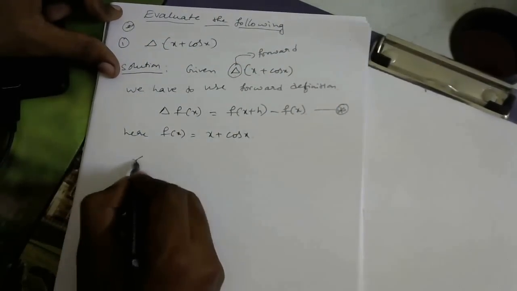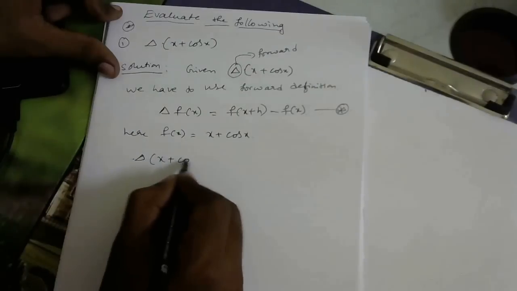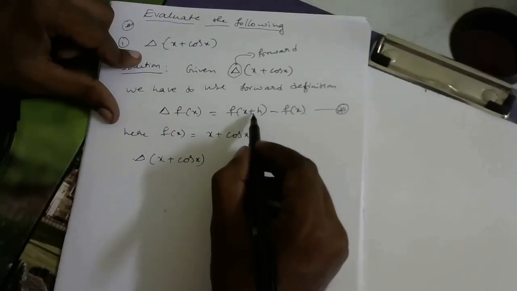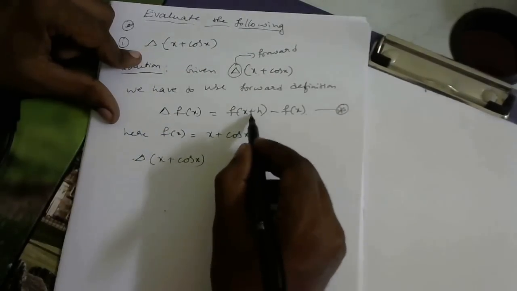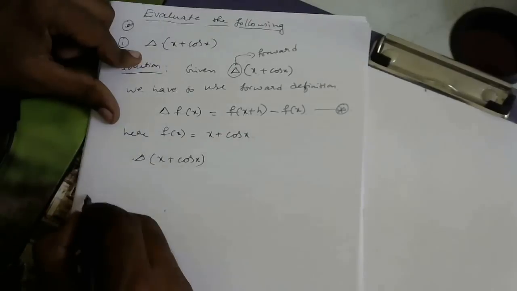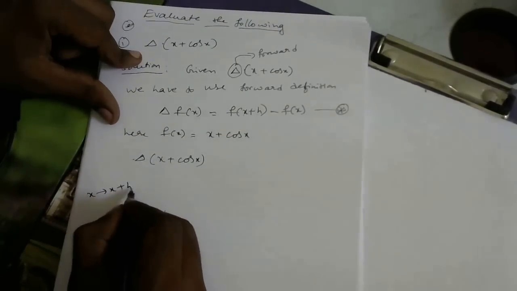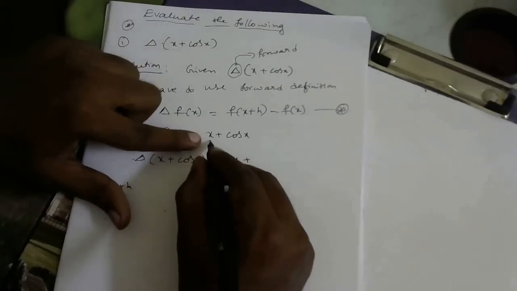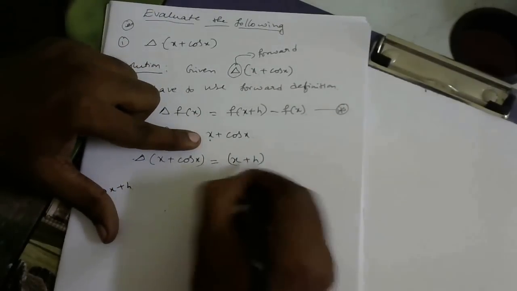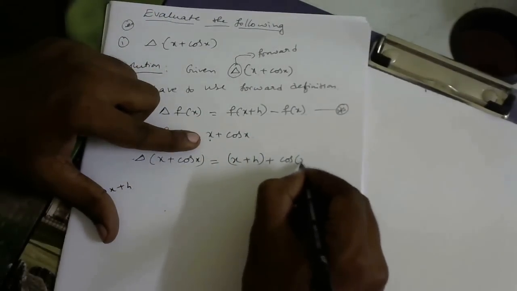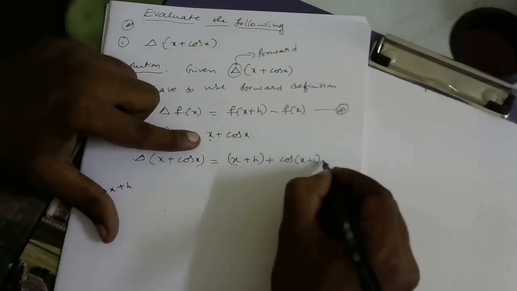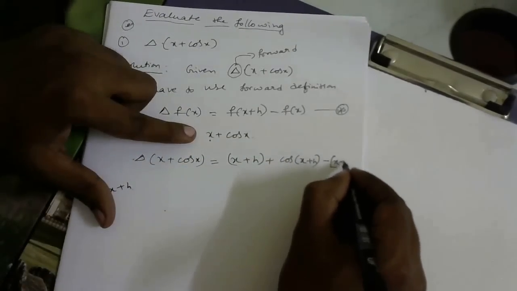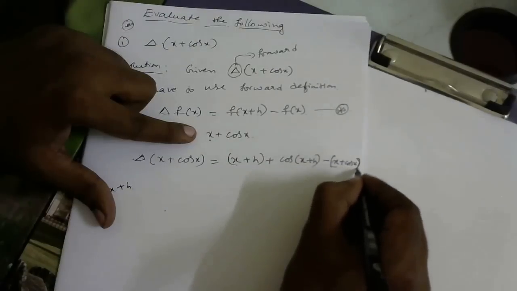So what do you get? Delta of x plus cos x, instead of f of x: x is replaced by x plus h. So you get x plus h plus cos of x plus h, minus f of x, which is x plus cos x.